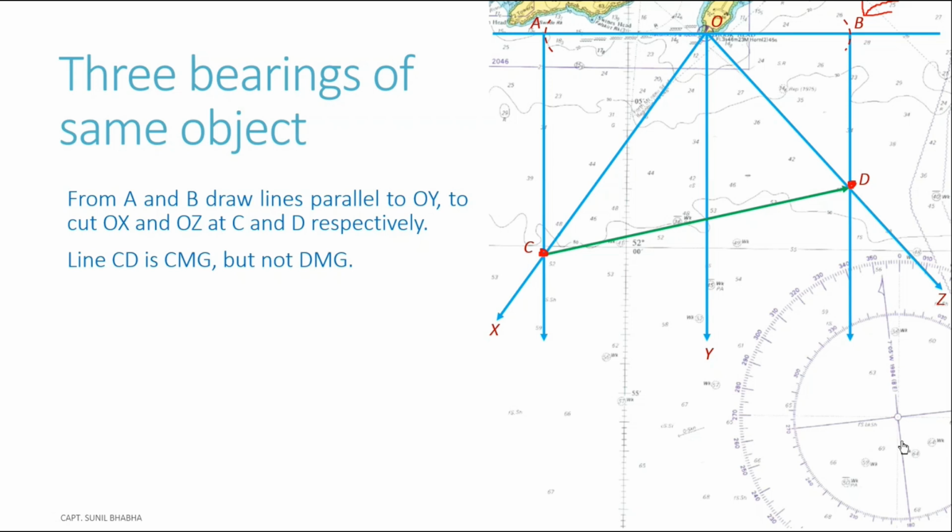Important thing to note here is that this line gives us the direction of the course made good, but this line does not give us the distance made good between the first bearing and the third bearing. Let's mark it with 2 arrows. That is the symbol for course made good vector.